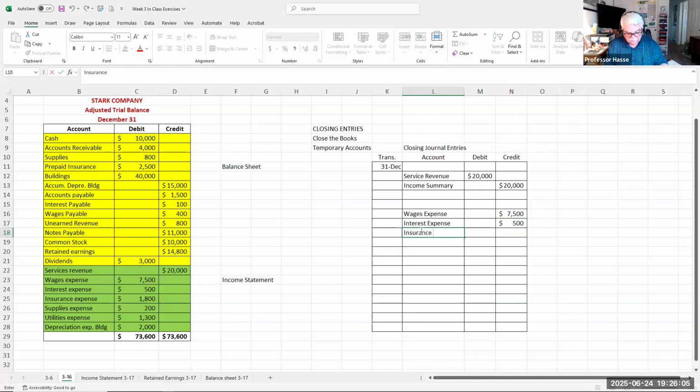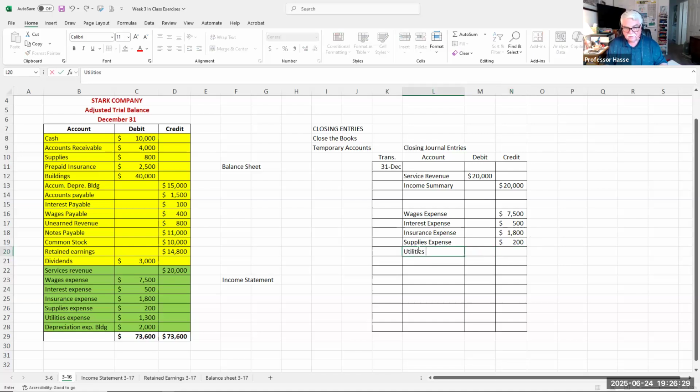Insurance expense has a debit balance in their account of $1,800. I credit it $1,800. That account now is closed. Supplies expense has a debit balance of $200. I credit it $200 to close that account.